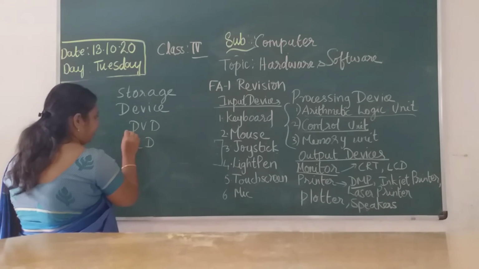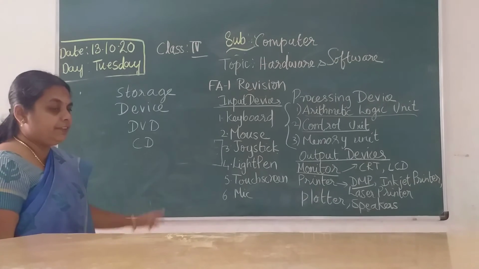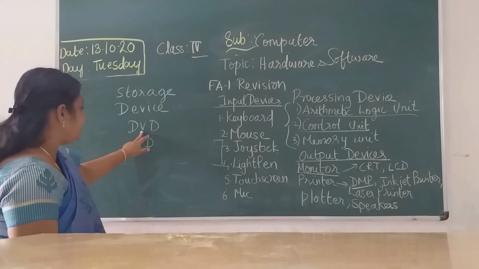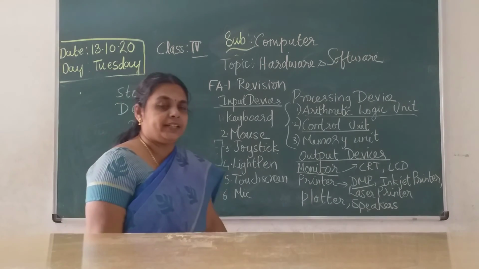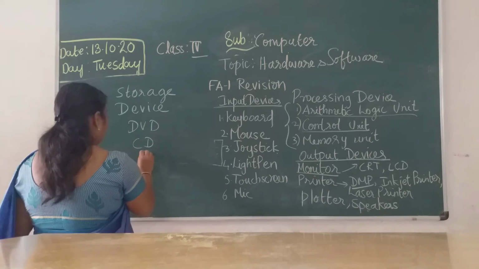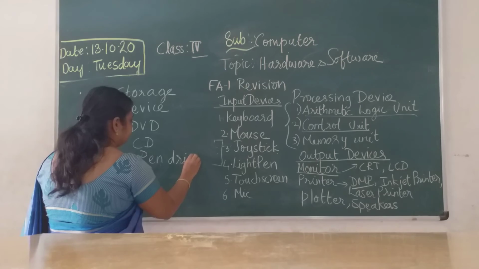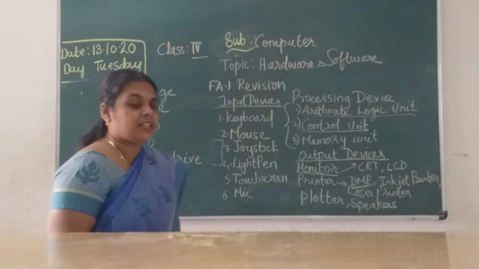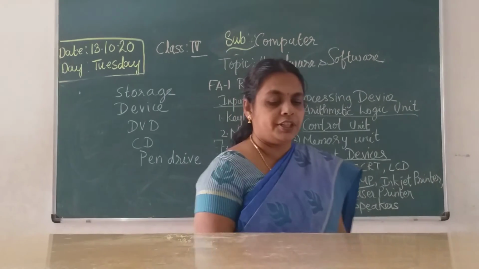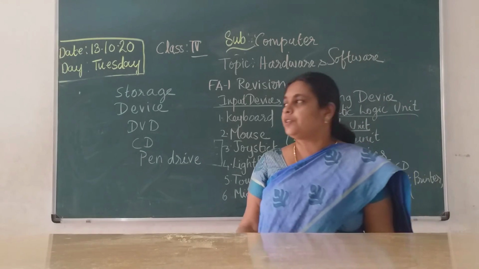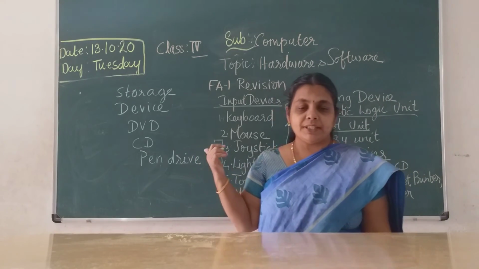I am writing the short forms: DVD is digital video disc or versatile disc, CD is compact disc, and one more is the pen drive. Your hard disk is also a memory device, children, used to store your operating system.